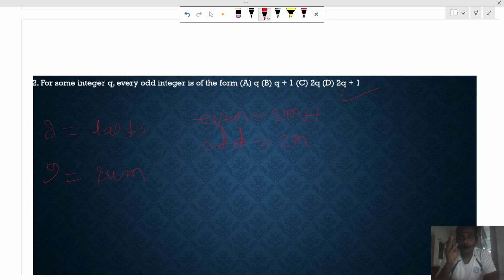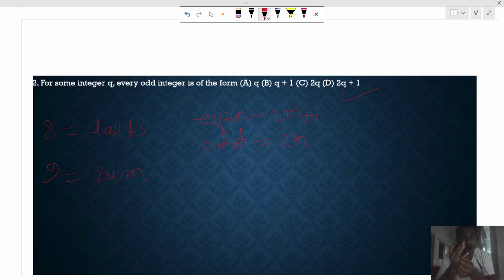For 7, 11, 13, the rule is the sum of odd place digits minus the sum of even place digits, that will be 0 or divisible by 7, 11, 13. So if the sum of odd minus the sum of even is 0, the number will be divisible by 7, 11, 13.